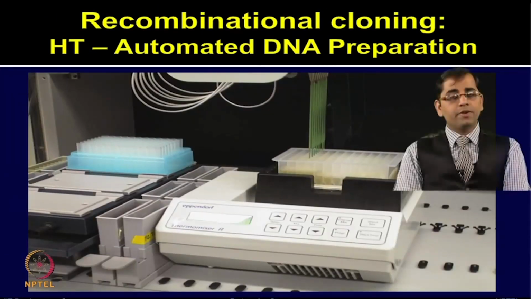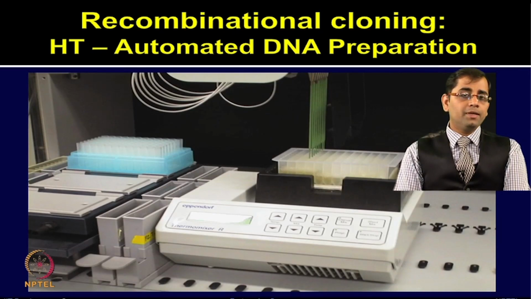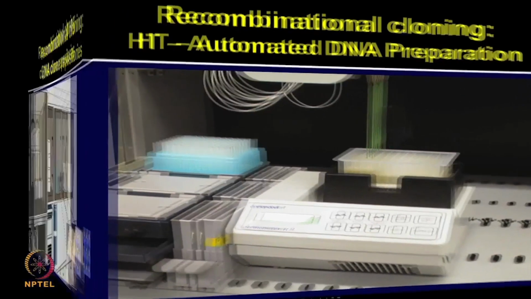At the end, if you want to extract DNA for subsequent applications, high throughput platforms can be used to perform DNA prepping in 96 well plate format. We will discuss these when we talk about protein microarrays in more detail.